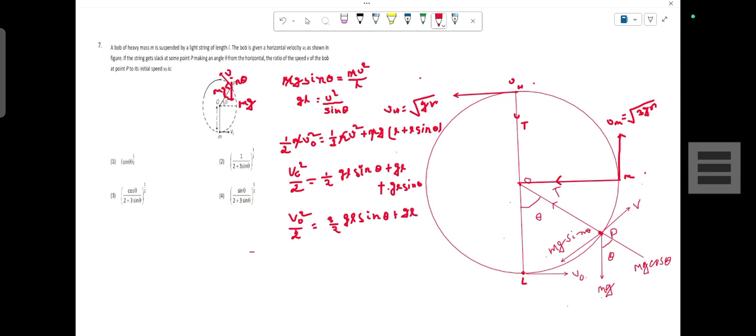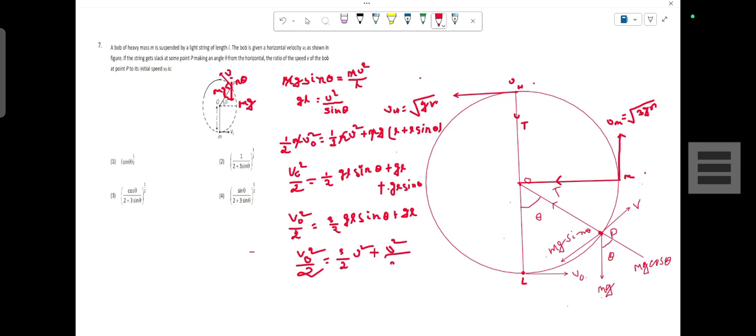Now that gL sin theta is v square, so v naught square by 2 is equal to 3 by 2 v square plus gL, where gL is v square by sin theta.